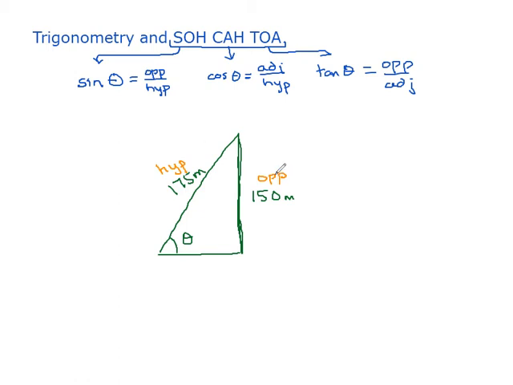So which trig function ties together opposite and hypotenuse? Looks like this one. Sine is the function of choice today. So we can write sine, I don't know the angle unfortunately, so I have to just go sine theta equals opposite over hypotenuse, so 150 over 175.